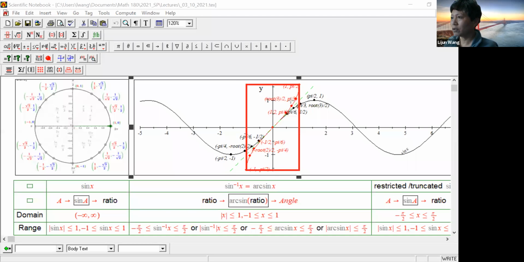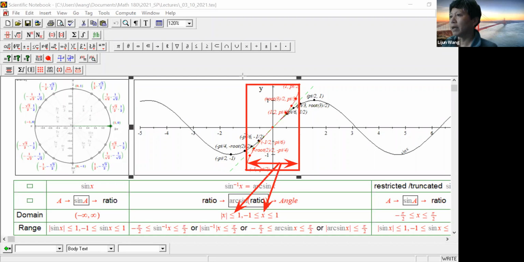So this horizontal span tells you the domain. Do you follow me?